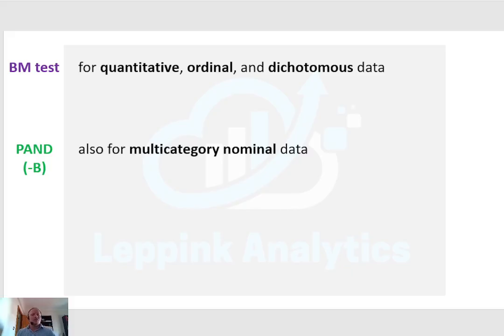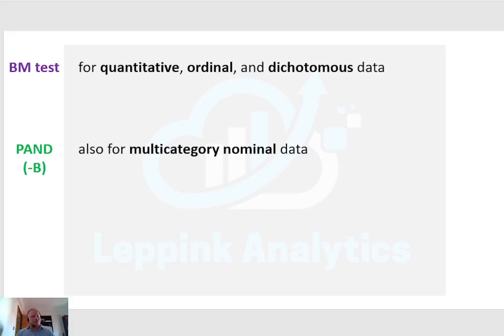For example, if instead of rating the quality of arguments, we coded which of 3 or 4 possible approaches a candidate takes in a conversation, and there is no clear order of approaches in terms of one necessarily being better than the other, these different approaches constitute a 3 or 4 category nominal variable for which the BM test cannot be used.